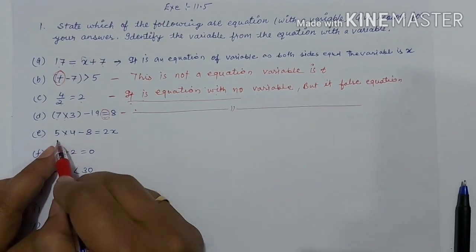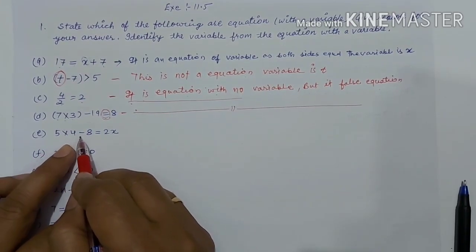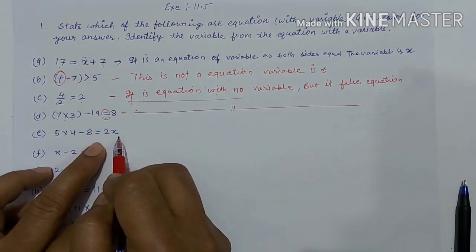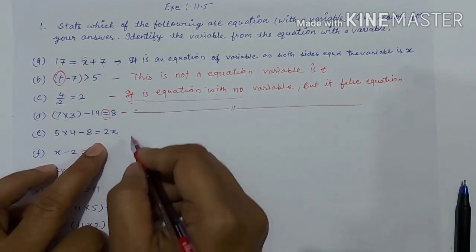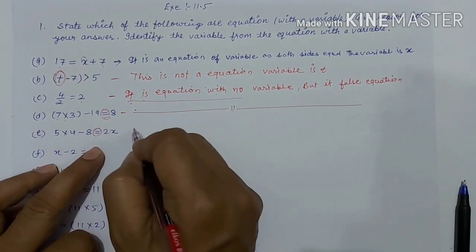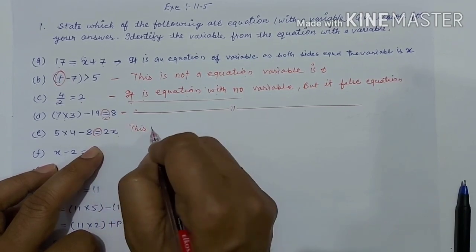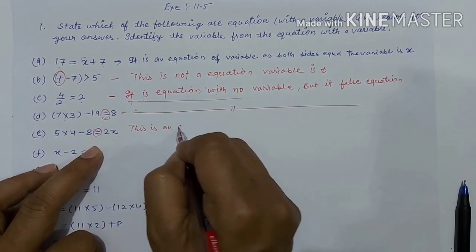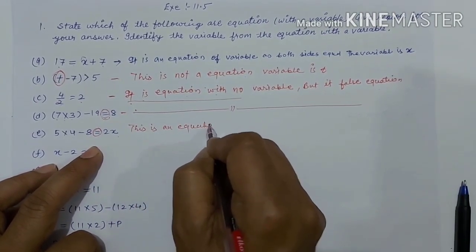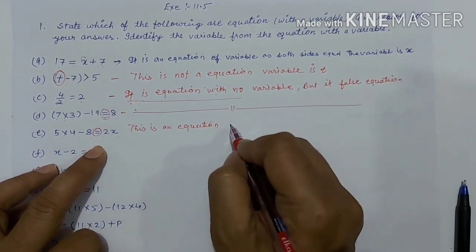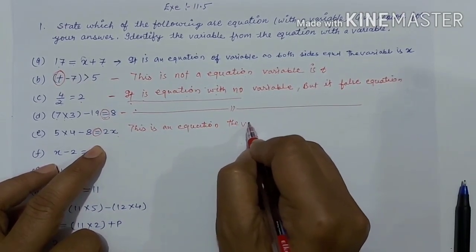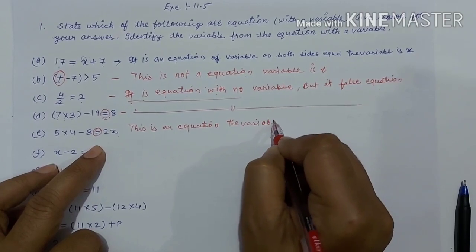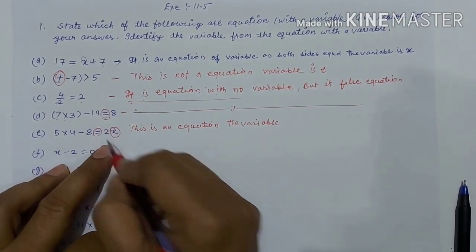Next is 5 multiplied by 4 minus 8 is equal to 2x. So this is an equation because of the equal sign, and the variable is x.